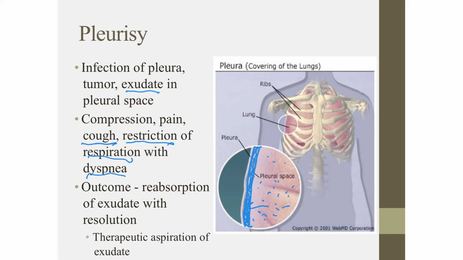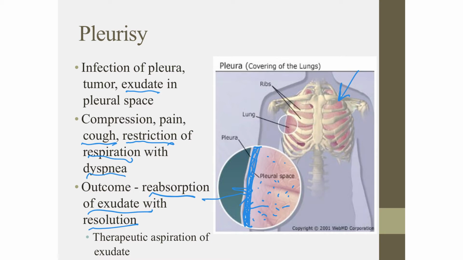And a lot of the time, this can get better on its own. When the infection resolves itself, we can get reabsorption of the exudate. If it doesn't resorb itself, then we have to aspirate that fluid. What is amazing about this, if you go on YouTube, you can see a whole bunch of gross videos of an aspiration of the pleural space.